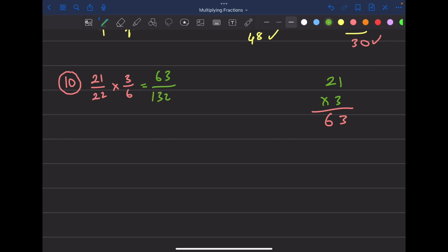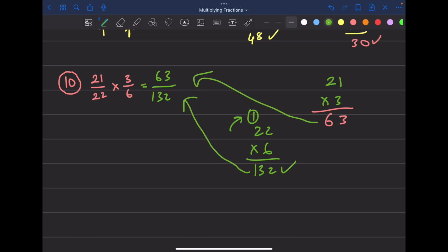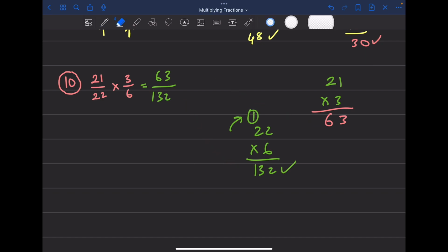Let's do it on the side just to check our answer. 6 times 2 is 12, so 2 on the bottom, 1 on top. And then 6 times 2 is 12 once again, plus 1 is 13. So we have 132, and we are done. So that's multiplication. It's super easy. All you have to do is just multiply numerators together and denominators together. It's that simple. So that's it for this video.